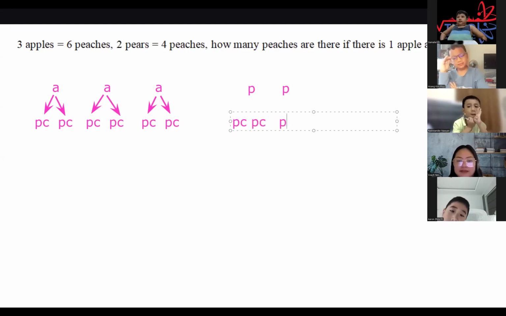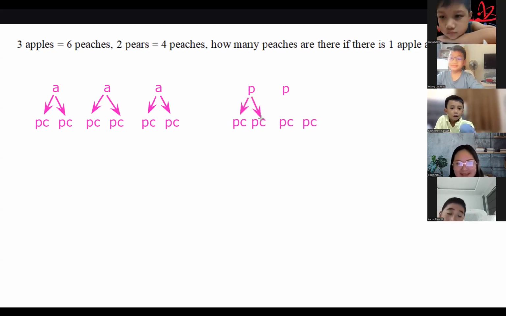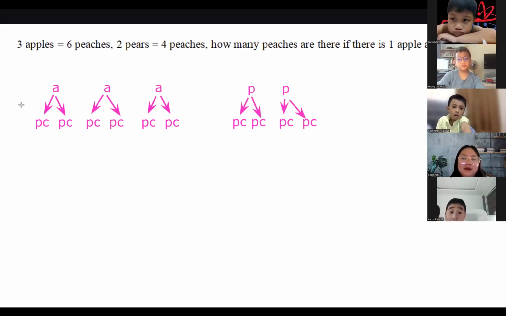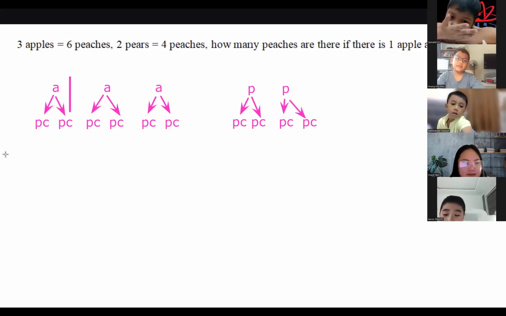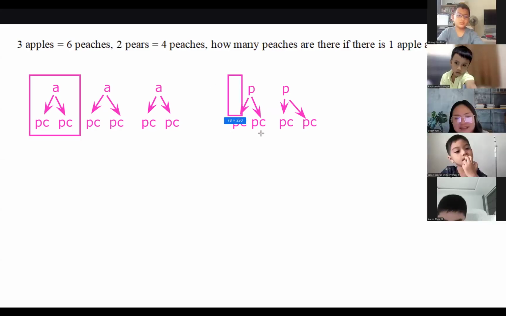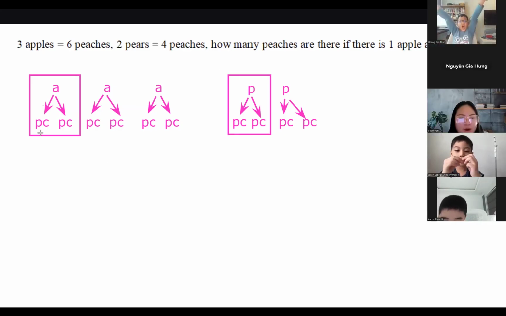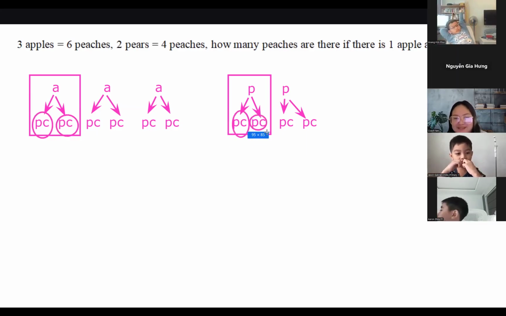Right? You agree now? Now you just choose one apple and one pear, because they're both letter P. Then you just count how many peaches there are. 1, 2, 3, 4. Correct. Very good.